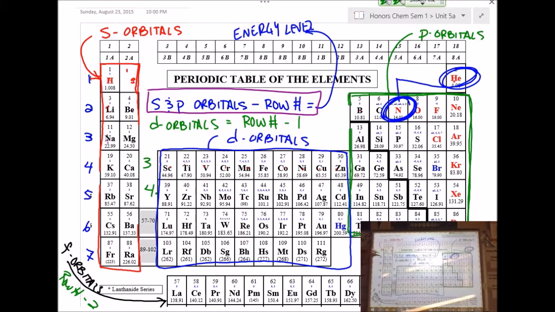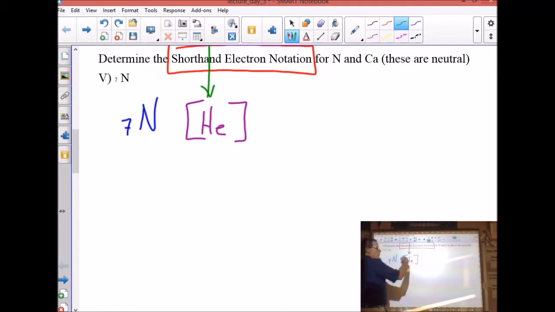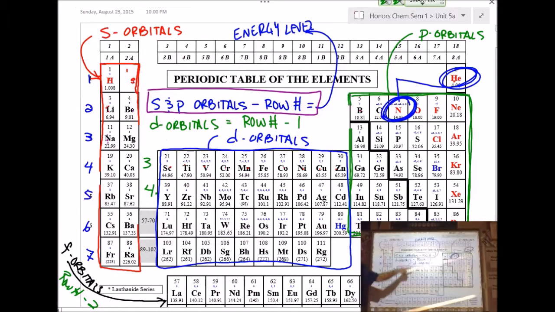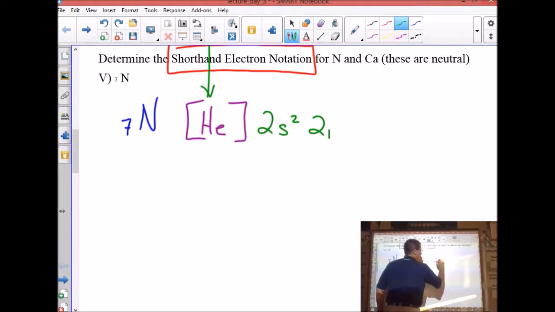So we start with the S's in the row that it's in. So from here, we've already got this shorthand that represents 1s2. Not very much of a shorthand. Start in the second row, 2s2, and then what? 2p, 2p3. Okay. Now, that's kind of cheesy.